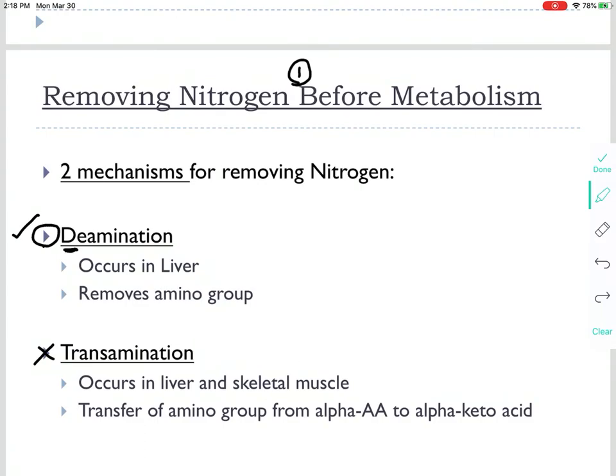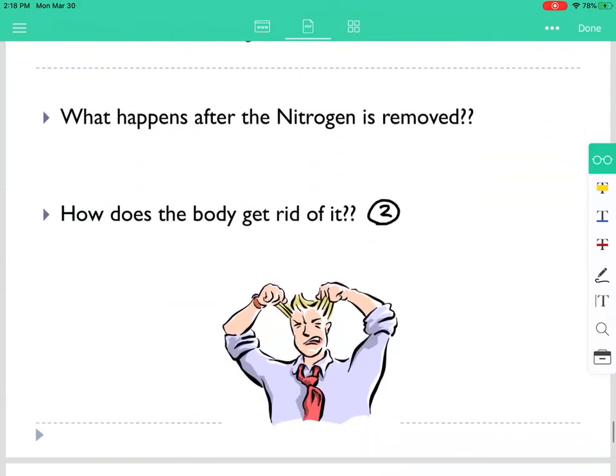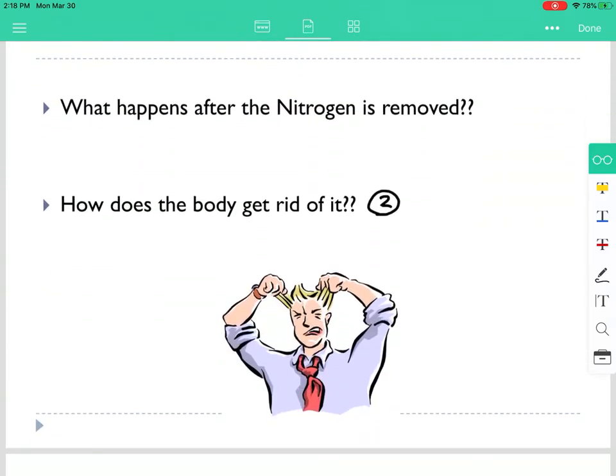If I detoxify, I'm getting rid of the toxins. If I deaminate, I'm getting rid of the amino group, which contains nitrogen. So just be able to know the definition. Deamination: process of removing nitrogen from the amino acid. Okay? Deamination: process of removing nitrogen from the amino acid.